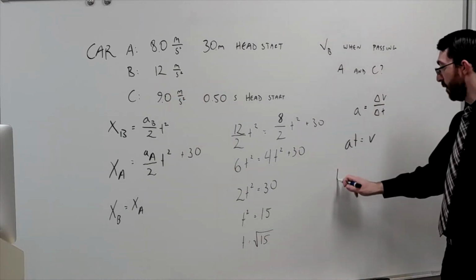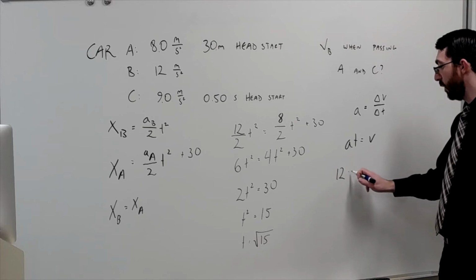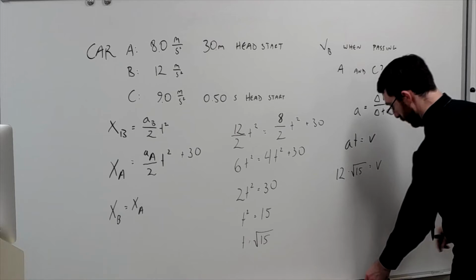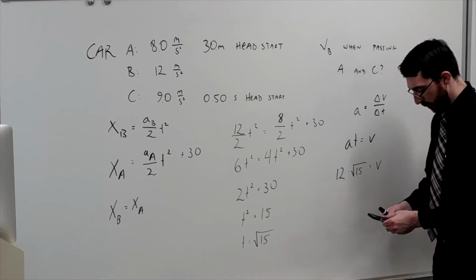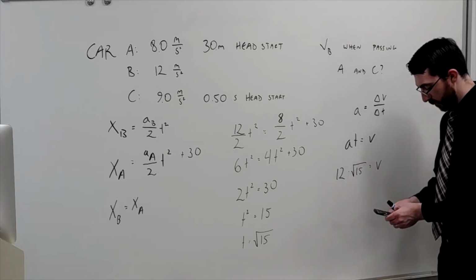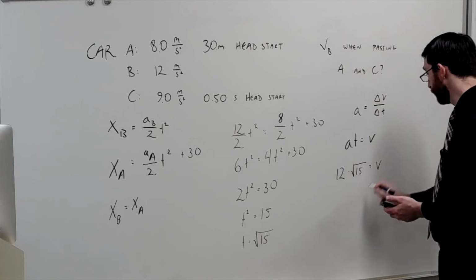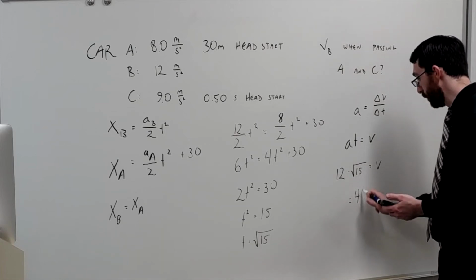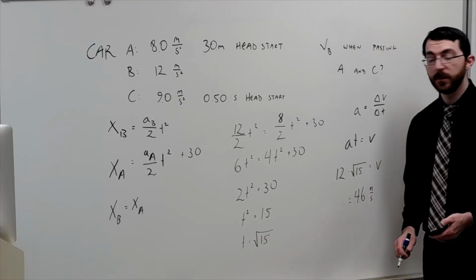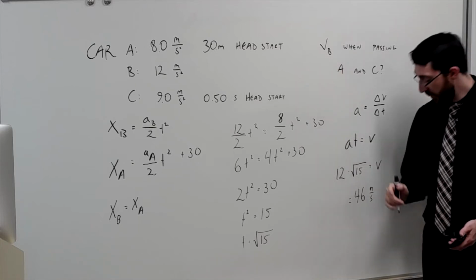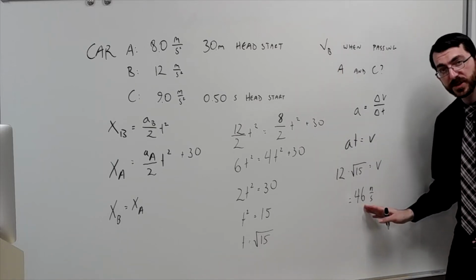So that's going to be 12 meters per second squared times the square root of 15, and to two significant digits, it's 46 meters per second. So how fast was car B going when it passed car A? 46 meters per second.